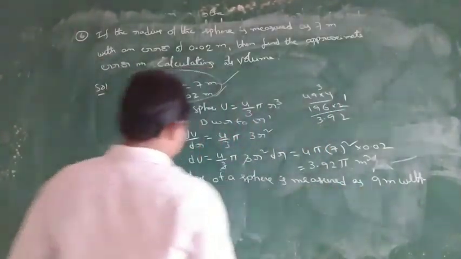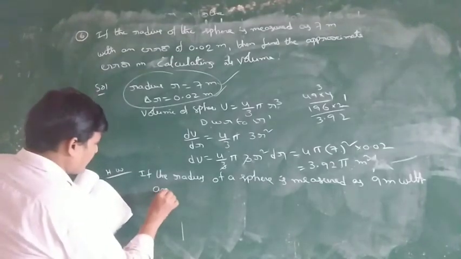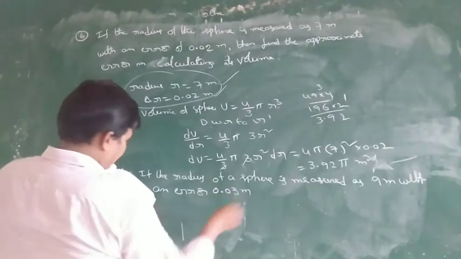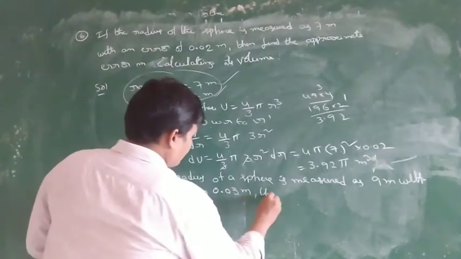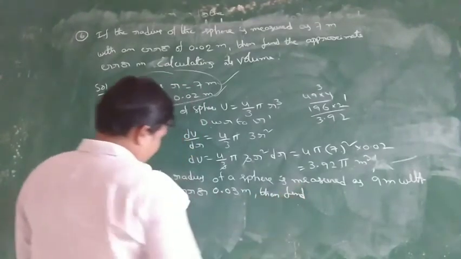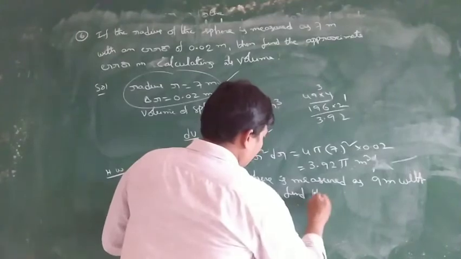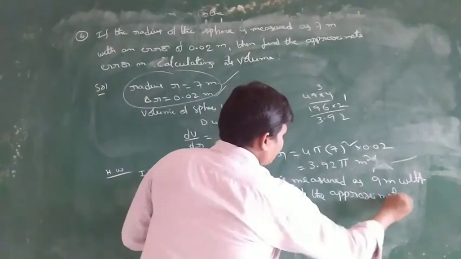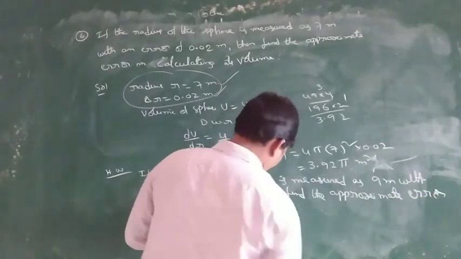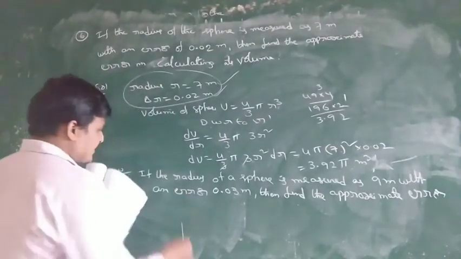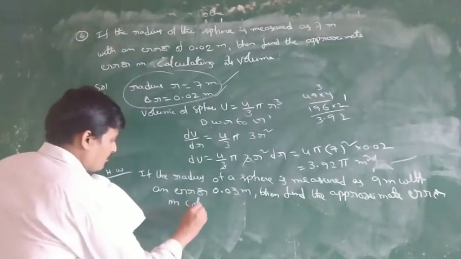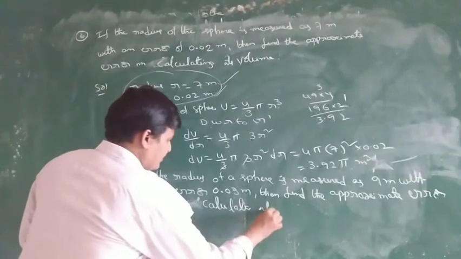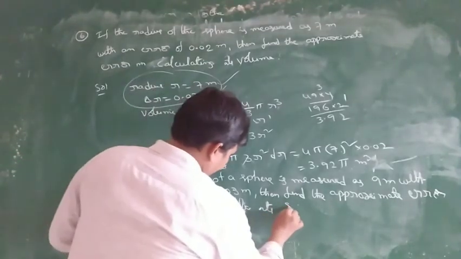The radius error, 0.03 meters. Then find the approximate error in calculating its surface area.